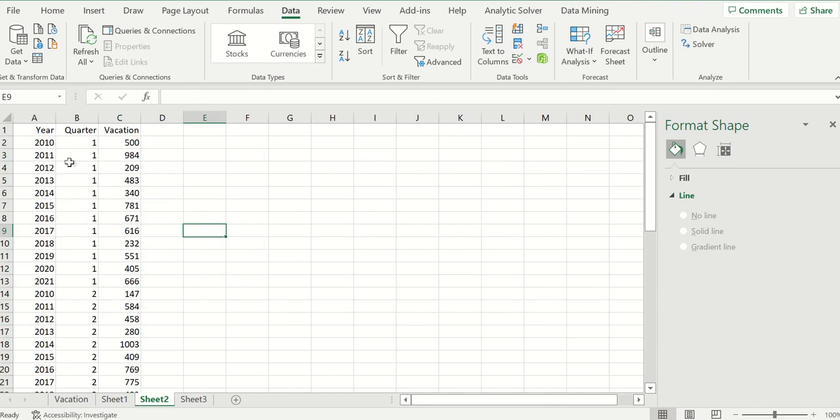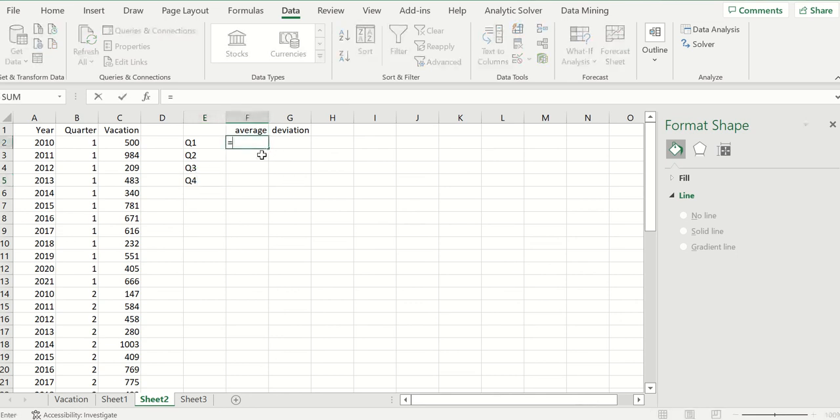It comes up and says, okay, here's all my quarter 1 data, here's all my quarter 2 data, 3, 4. You get the point. Let's put in average here and standard deviation here. This is going to be quarter 1, quarter 2, 3, quarter 4.